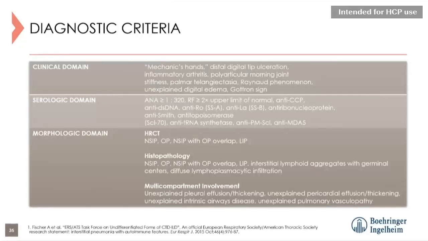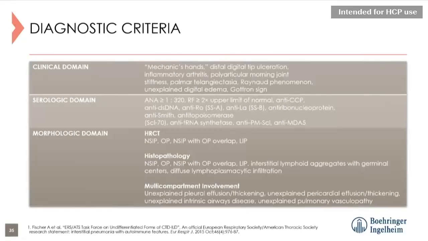And then there's the serologic evidence, a lot of things that I brought up earlier. And then there's the morphologic domain, in which either it's an HRCT, or if you happen to have a biopsy, or if you have multi-compartmental involvement, both the pleura as well as the lung. And so if you have 2 of those 3 categories, you can be classified as IPAF.